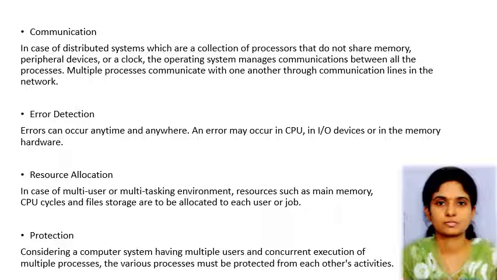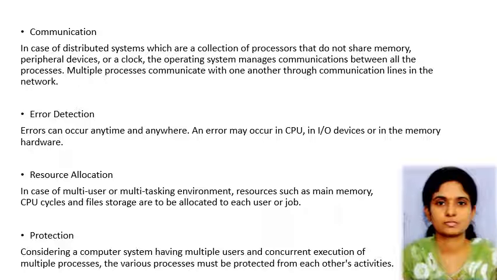Once an error occurs, what will the operating system do? First of all, it will check for the possible errors, the different types of errors, and then based on the errors, it will take the appropriate action to ensure correct and consistent computing, to get consistent output.